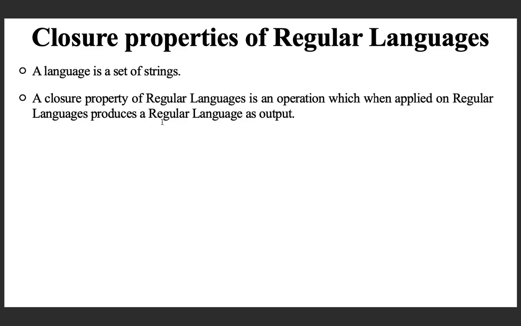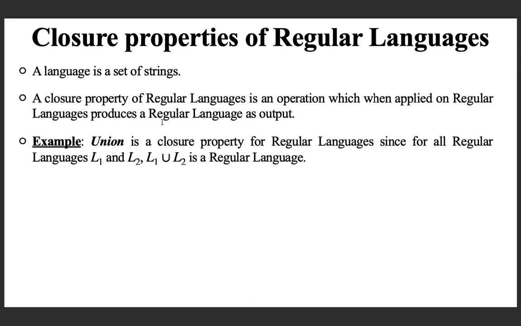Let us look at an example. Union is a closure property for regular languages, since for all regular languages L1 and L2, we can prove that L1 union L2 is also a regular language.